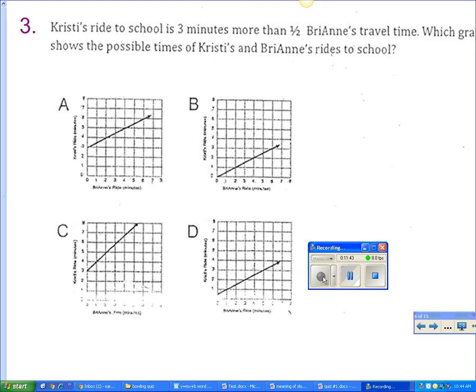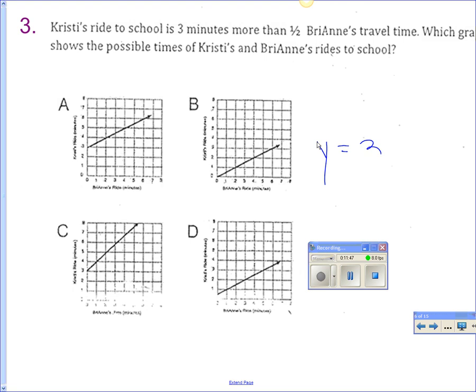Rebecca, what did you write for your y equals? Which one should get the x? Because it's 1/2 Brienne, so we're letting Brienne be x. Good. Andrew, which one's your y-intercept? 3? Did you say that? All right, so we need to have 3 on the y.